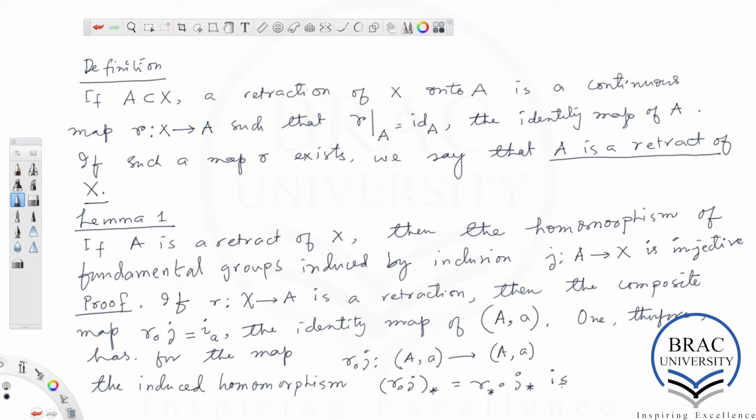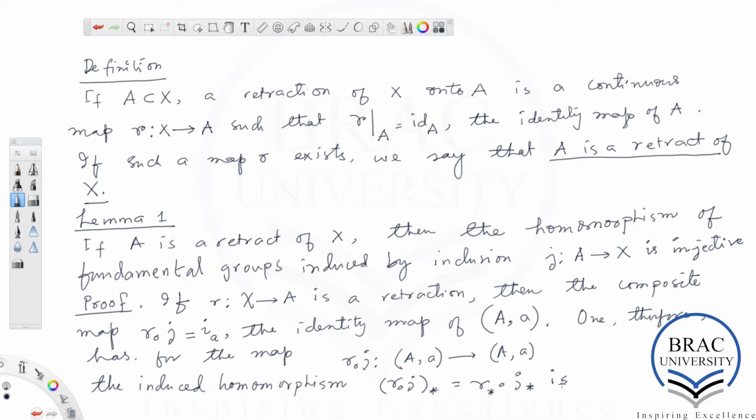And we also know from the second lecture that the induced map of the identity map on the given pointed topological space is just the identity homomorphism on the respective fundamental group.